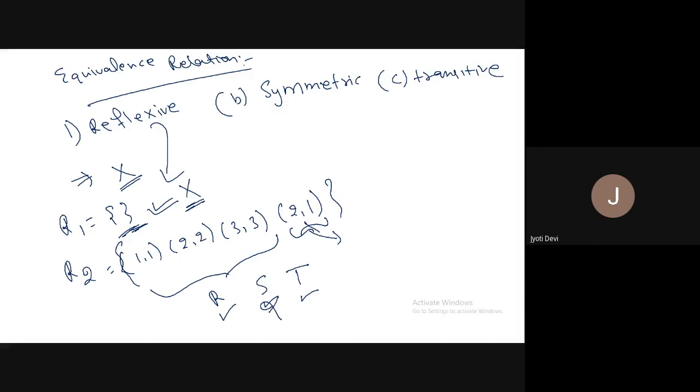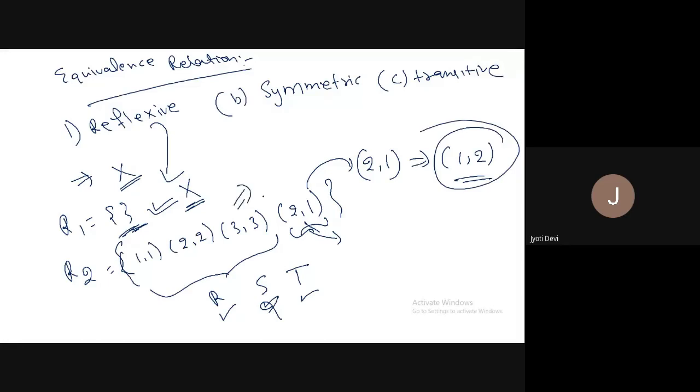The symmetric relation has failed because if (2, 1) is present, then the mandatory condition of symmetric is that (1, 2) must be present in the relation, but (1, 2) is missing in this set. So like this we check the equivalence relation.